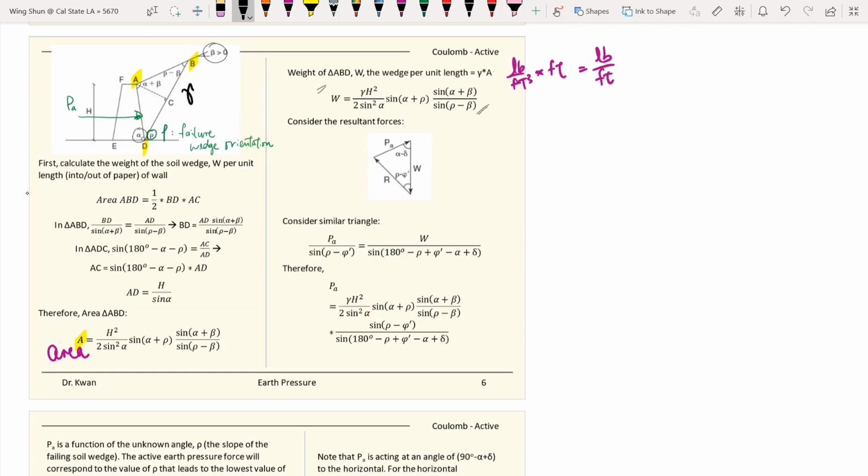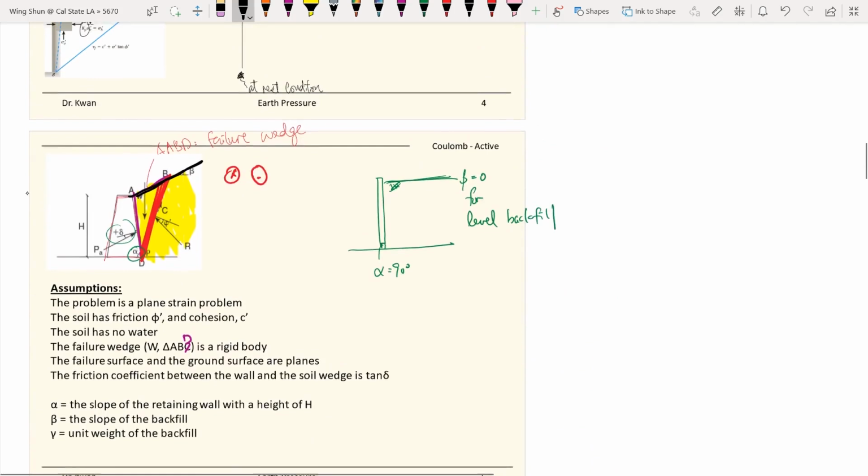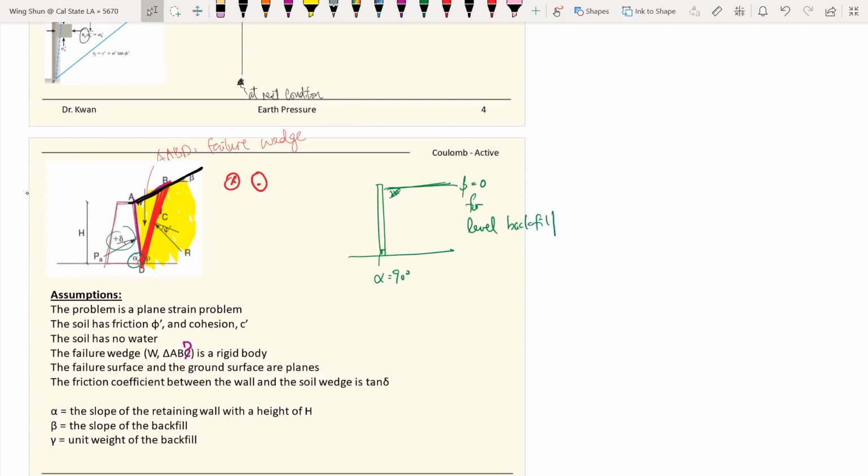So there are a couple of forces right there that keep the whole thing in equilibrium.